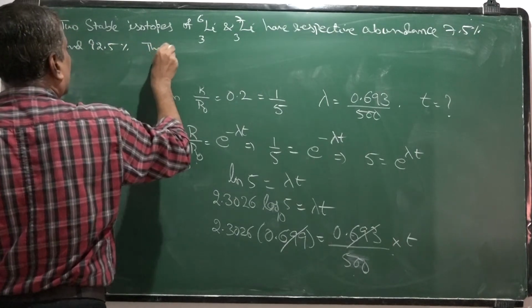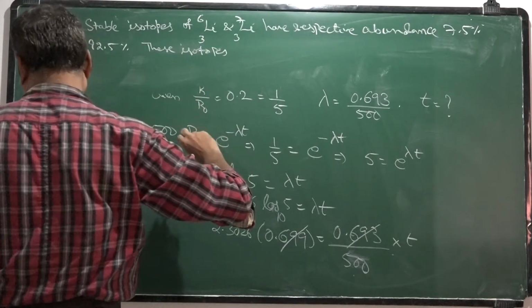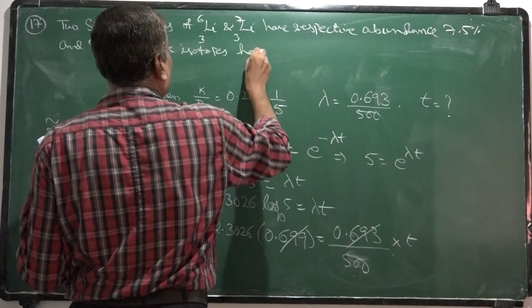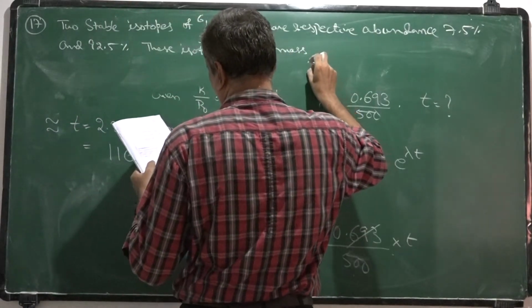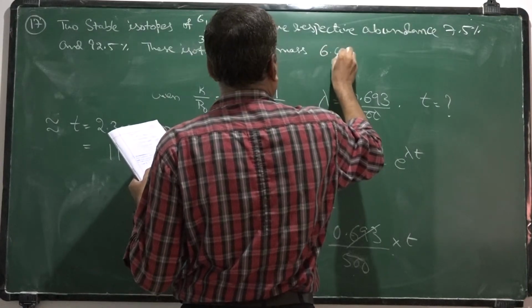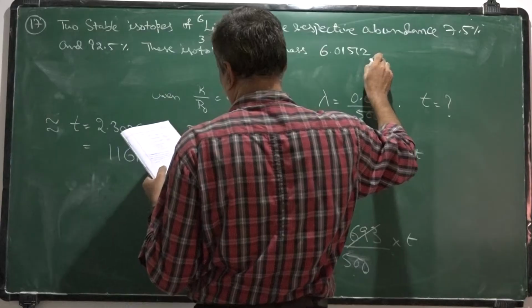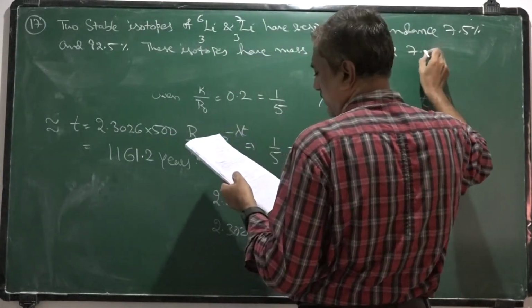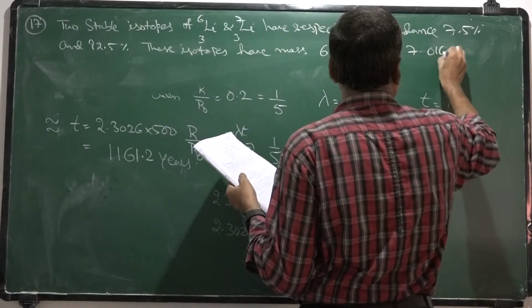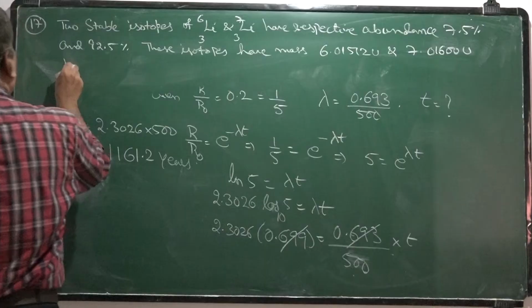These isotopes have masses 6.01512 units and 7.01600 units. Find the atomic mass of lithium.